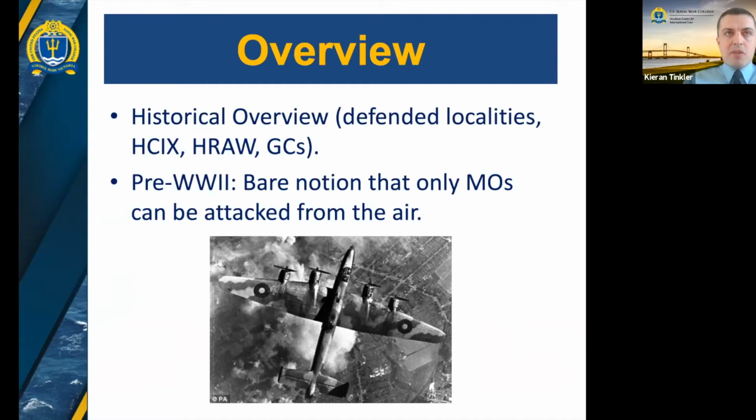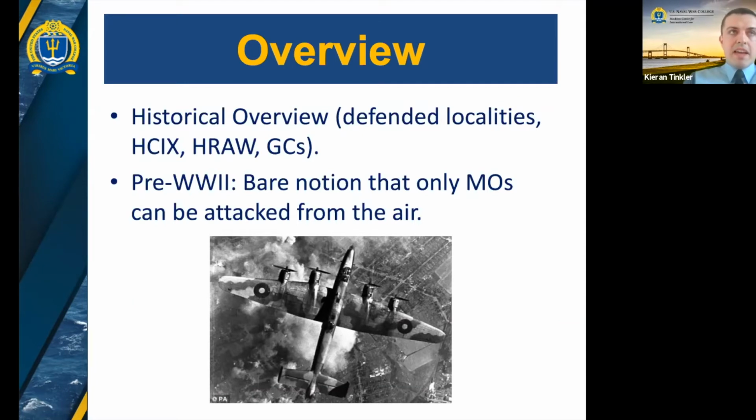The rationale was a very land-focused one: if your army can take a location because it's undefended, there's no need to attack it. That was the paradigm at the beginning of that period.